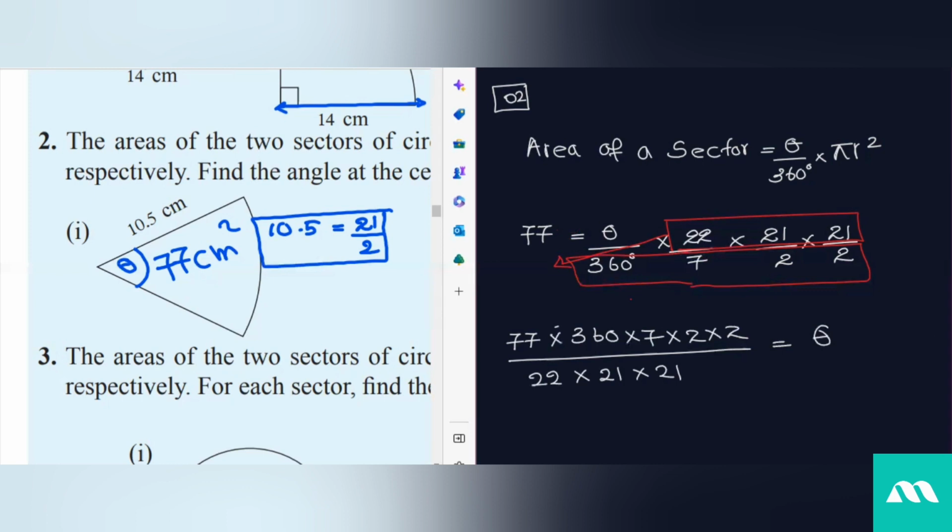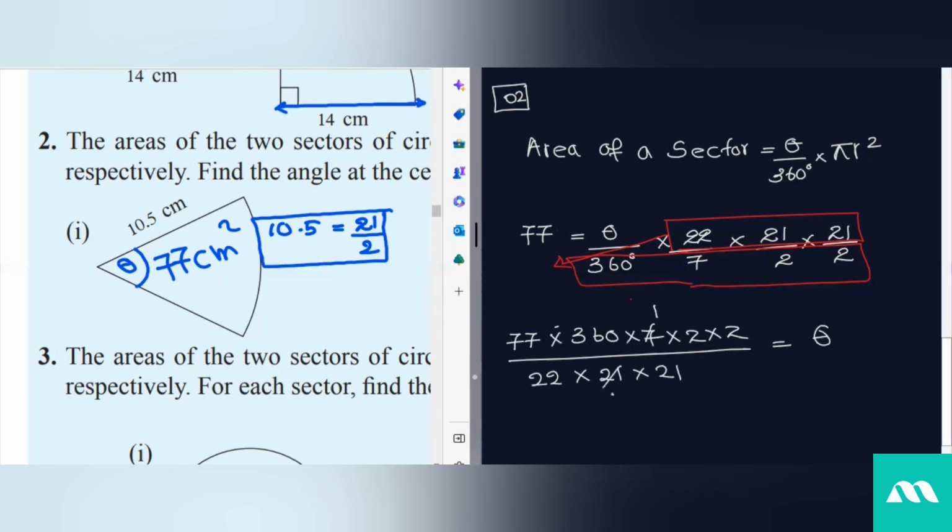So now you can do the simplifications. You can start with the easiest one. 7 divided by 7, 1. 21 divided by 7, 3. Then 22 divided by 2, it is 11. Then 77 can be divided by 11. It is 7. Then 360 can be divided by 3.